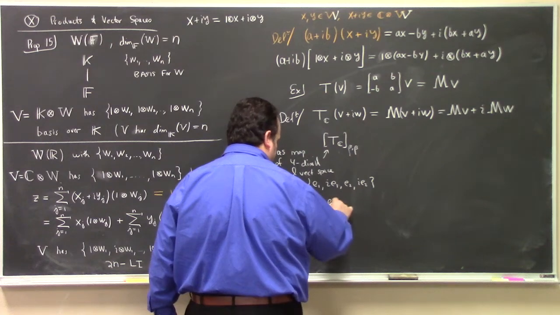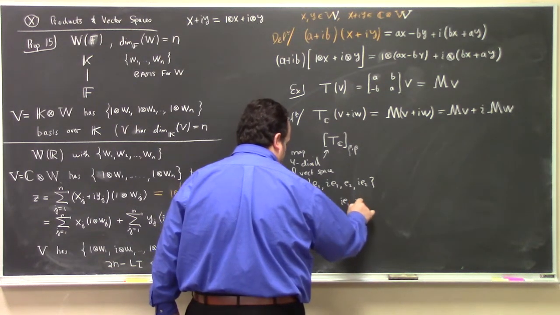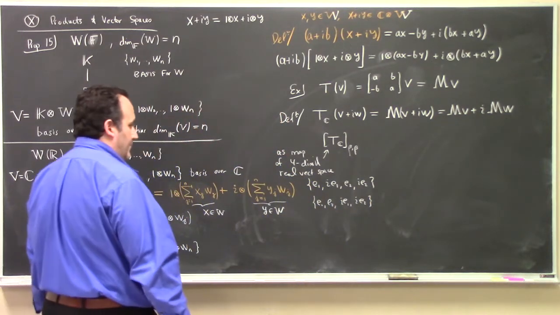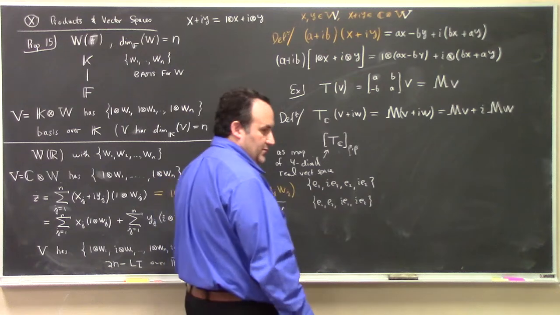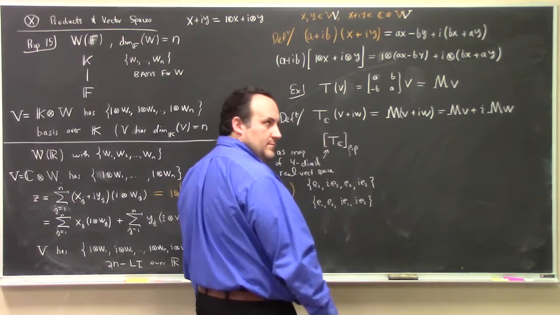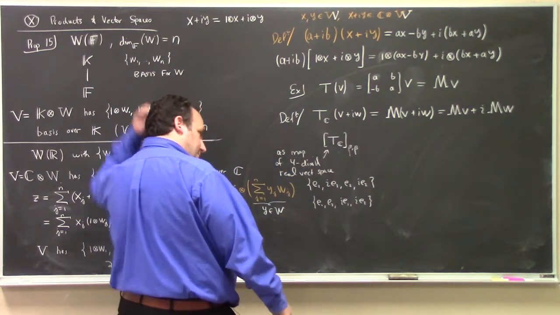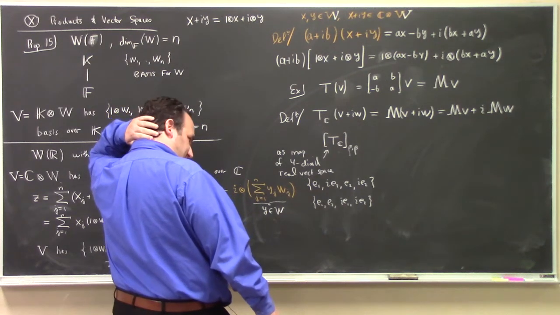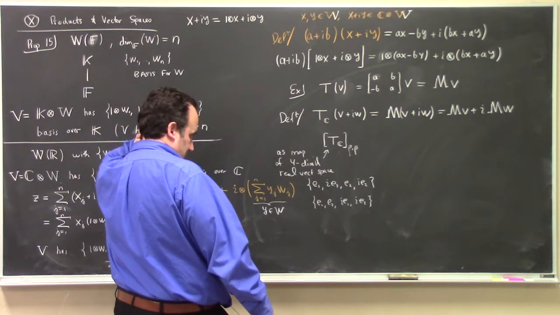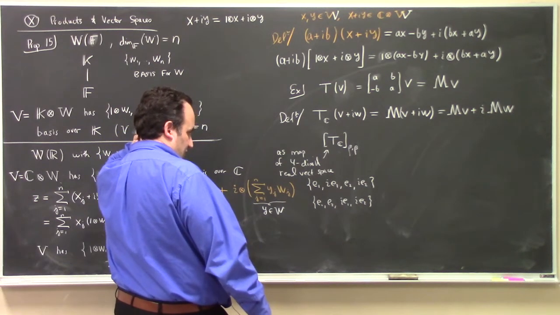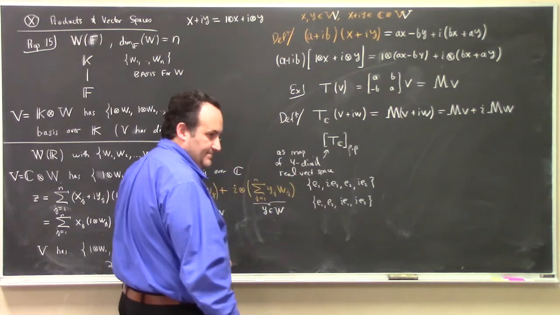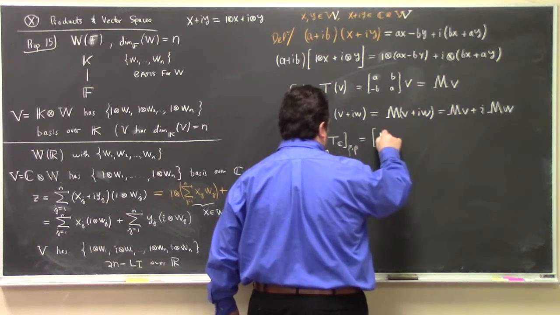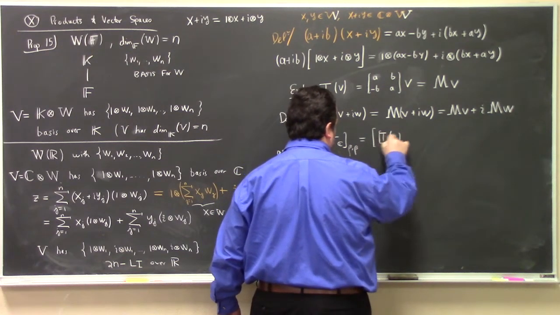So you pick it. Which one do you want to do? I'd rather keep the i's together. Keep the i's together? Okay, so we do T of E1.